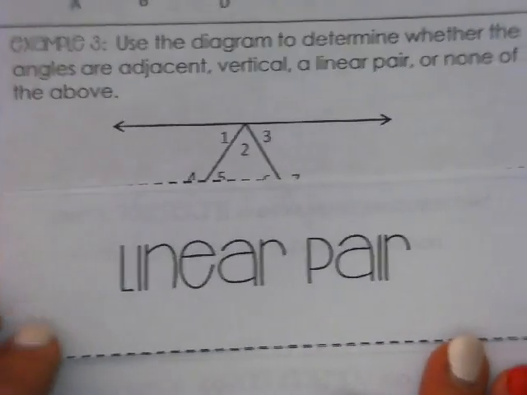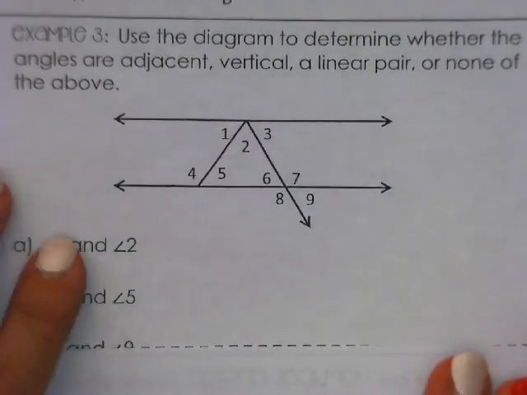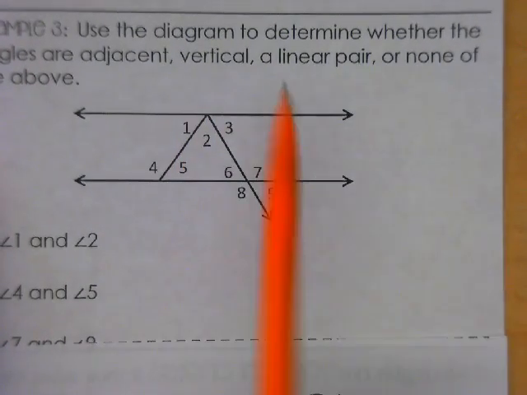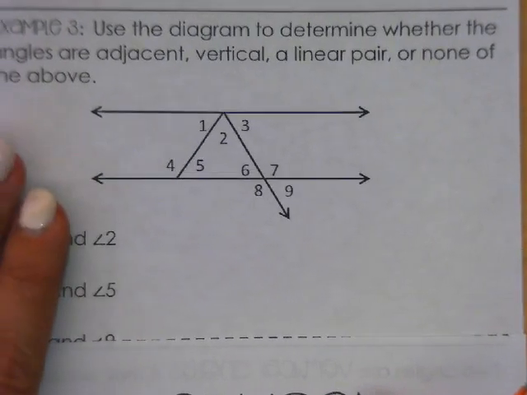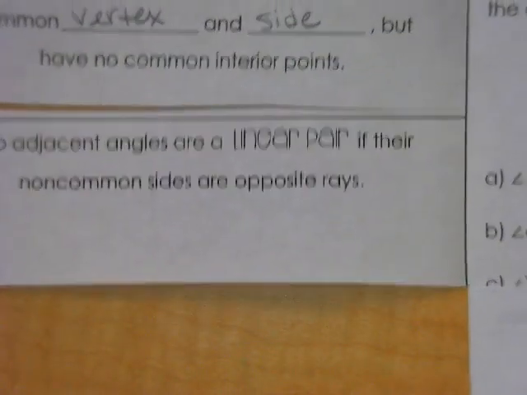Does that make sense? So here I have a picture. Use the diagram to determine whether the angles are adjacent. We'll worry about these other two after we do those, okay? So adjacent means, again, actually, let's go back right here.